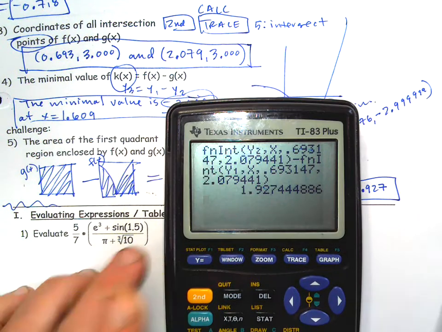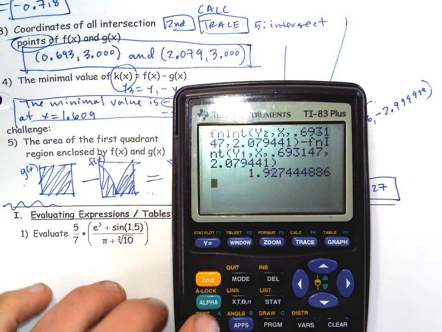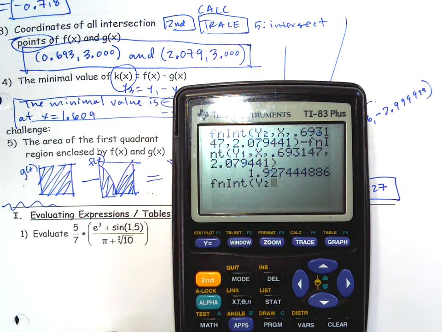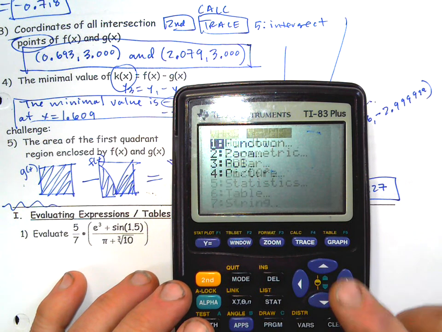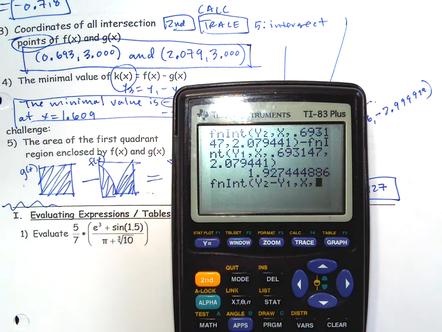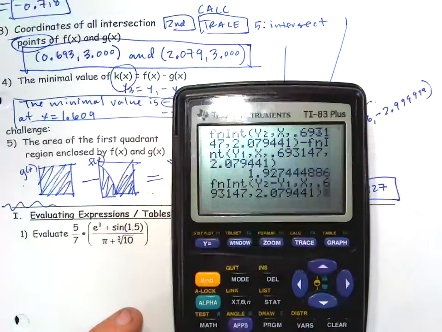Now here's an even slicker way. Do math 9, vars, Y-vars, function, Y2 minus Y1. Since they both have the same limits, we can actually integrate them together. Comma x, comma, and just do one integral, 0.693147, comma 2.079441. Do it in one calculation.